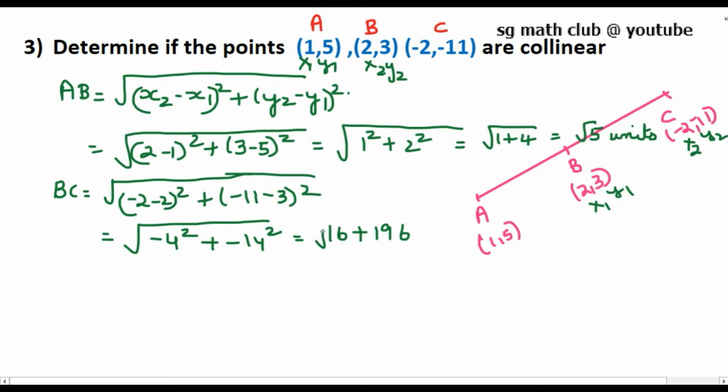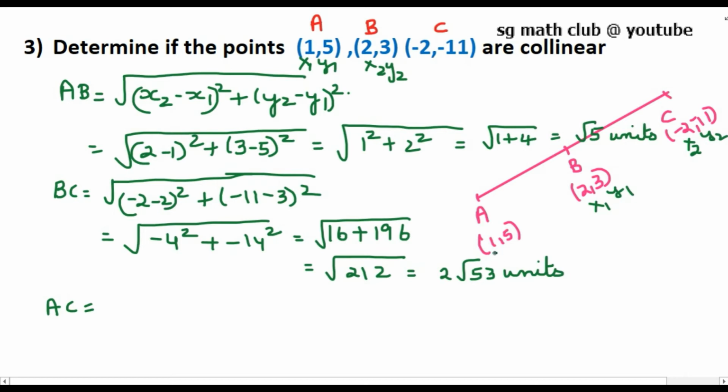So square root of 212, which is equal to 2 root 53 units. Last, we will find AC.